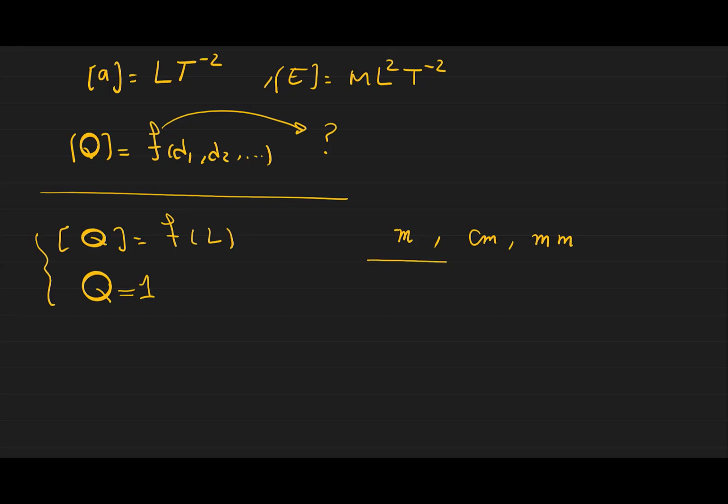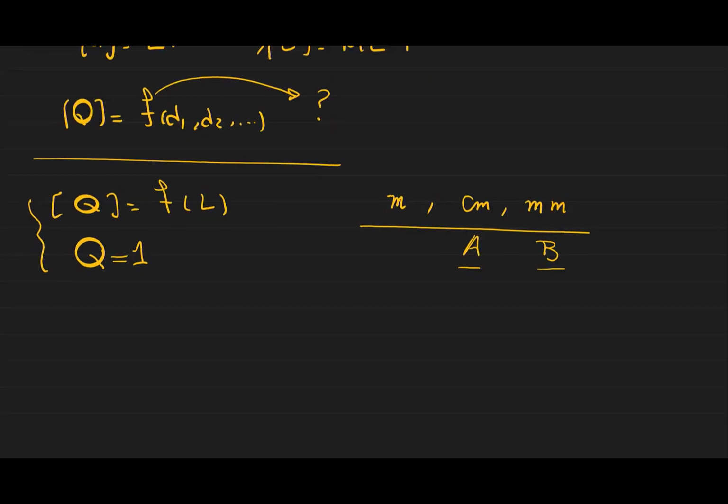As it is seen here, the unit length in the system of units A is 100 times smaller than 1 meter, and in the system of units B, it's 1 over 1000 with respect to the original system. Then the numerical value of q in systems A and B are as follows.